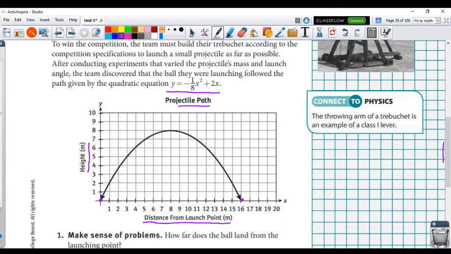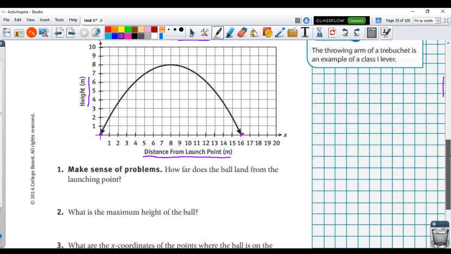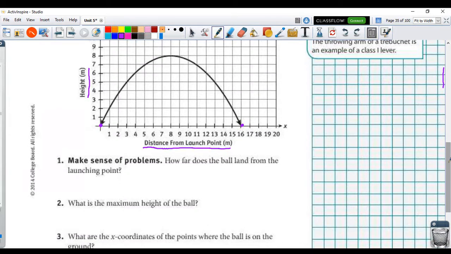Okay, so we can see that the projectile is 16 meters from the launch point here and 0 meters from the launch point here. This point up here, we can see that's the highest point of the projectile, and that is at 8 meters.